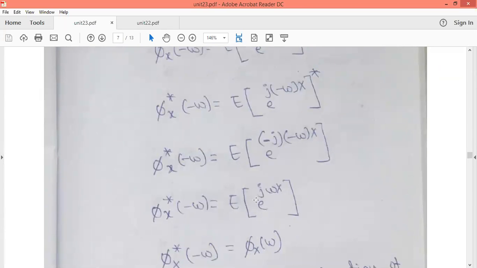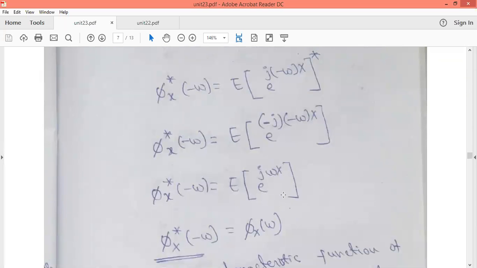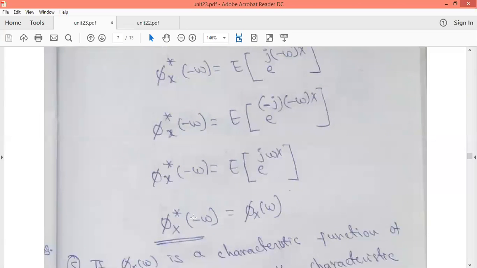The expectation of e power j omega x is nothing but phi x of omega. So phi x star of minus omega will be equal to phi x of omega. Similarly, phi x of minus omega is equal to phi x star of omega.